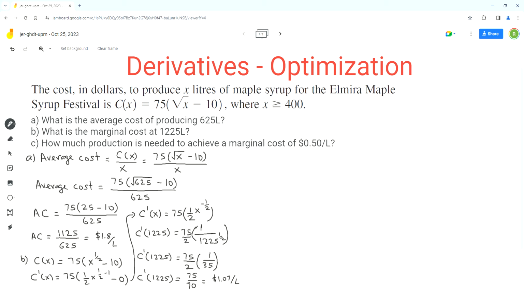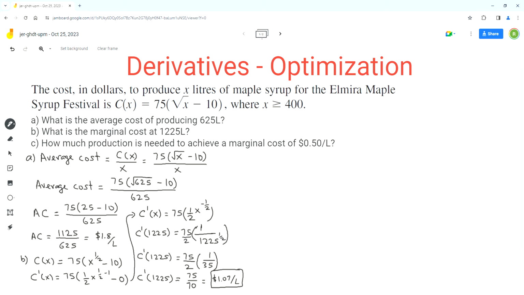So this is the marginal cost at 1225 liters. Marginal cost means the cost of producing one extra or one more liter of maple syrup at the production of 1225 liters. So this should be the final answer for part B.